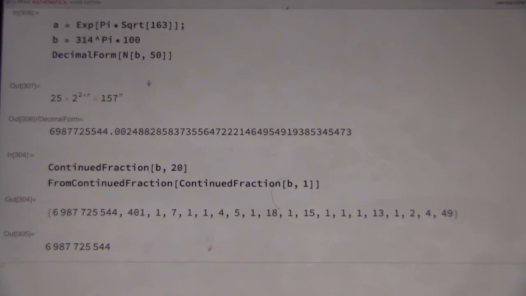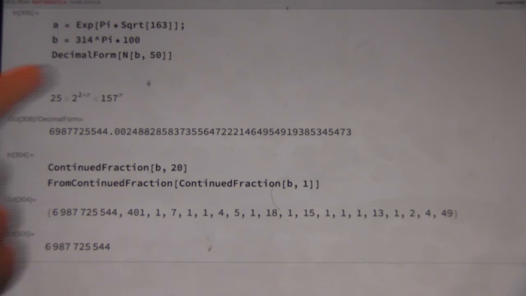Actually, it might have been, well, it's 25, and then this 25 has something to do with it, and then maybe the 2 squared plus pi. 2 squared is 4. Okay. So maybe that makes 100 together.